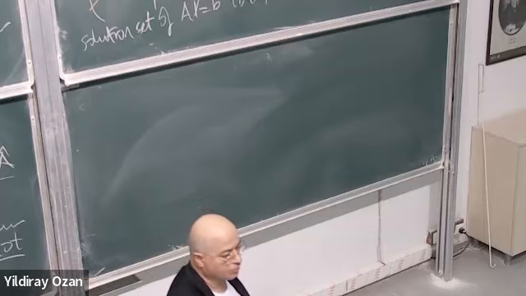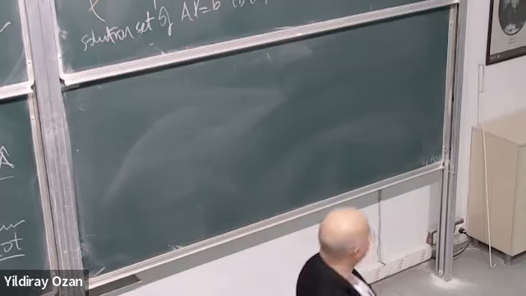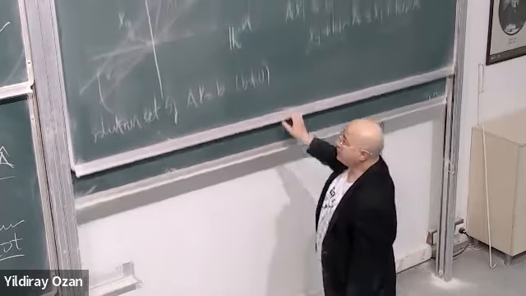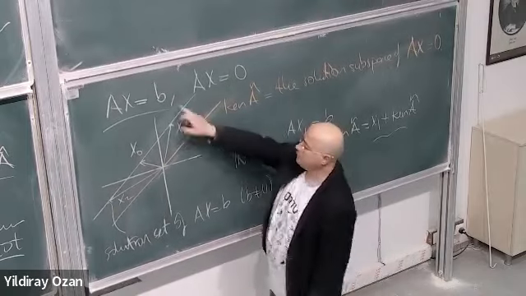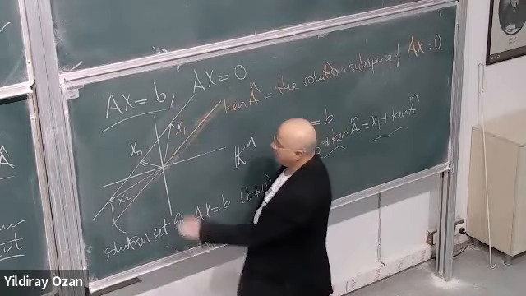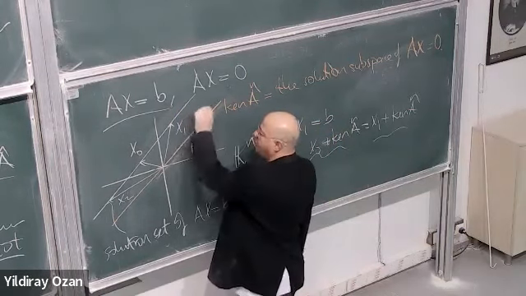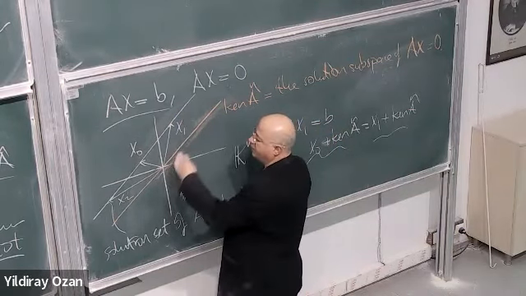If I change the x's? Yes. The b's. If you change the b's. Yes. So, you are saying that if I choose different b's, you get, of course, yeah, parallel copies of this, right?